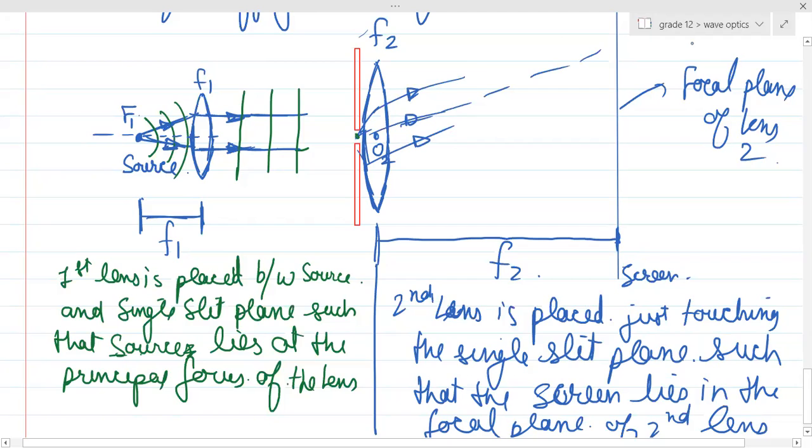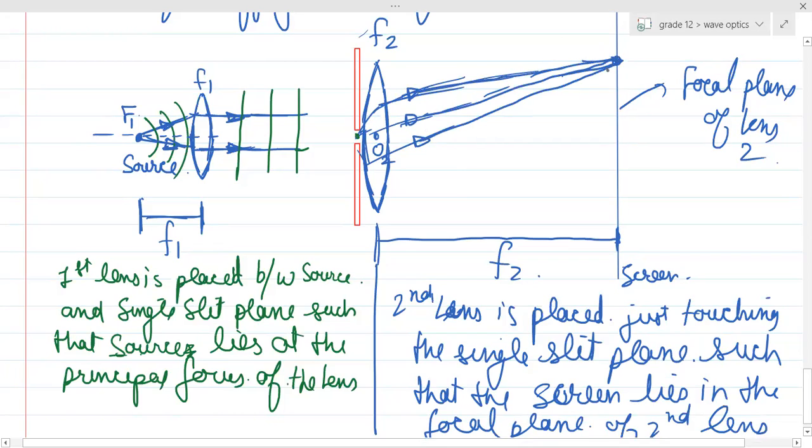Are you getting my point, guys? Is it clear? Whatever light rays which were parallel in this case, they will all meet at this point, something like this.